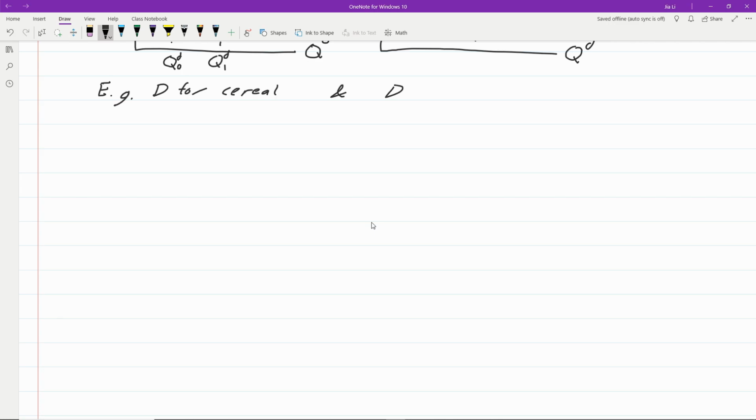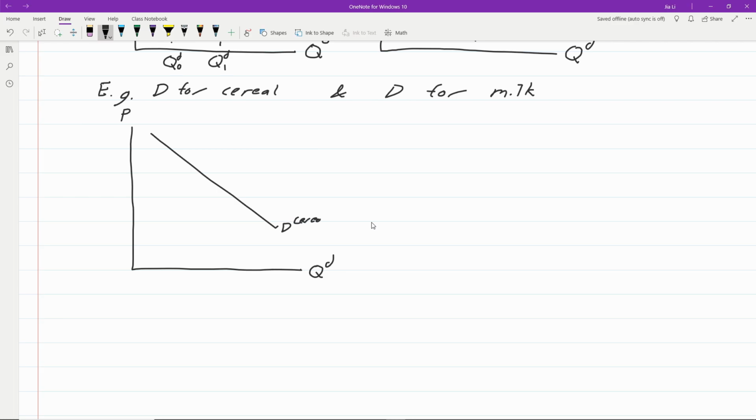So let's take a look at the demand for cereal and the demand for milk. There's the demand for cereal, and then over here I will draw the demand for milk.